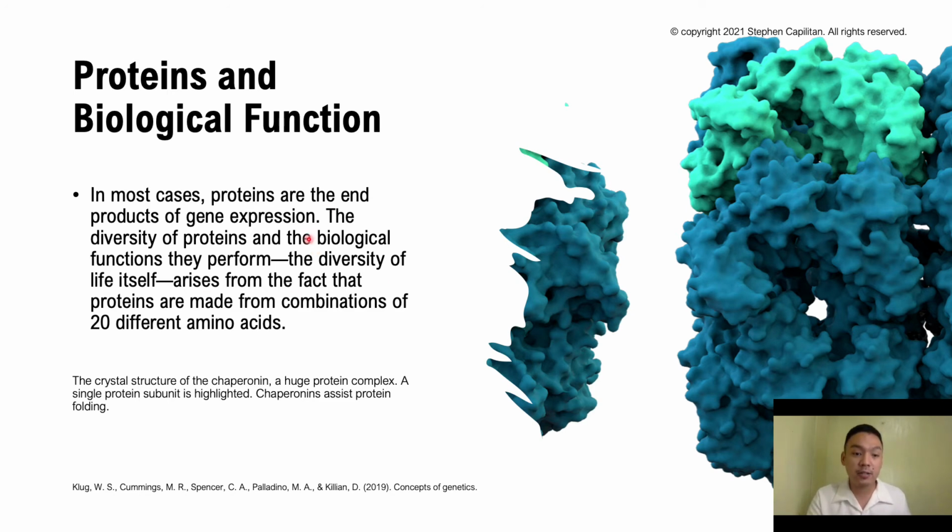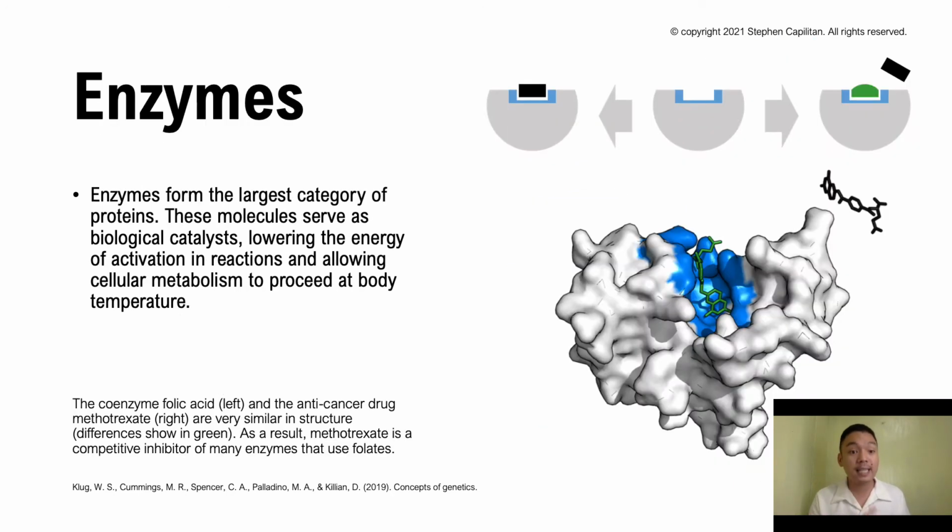So this is a crystal structure of chaperonin, a huge protein complex. A single protein is highlighted, and chaperones assist protein folding. Enzymes are the largest category of proteins, and these molecules serve as biological catalysts. They lower the activation energy in reactions, allowing cellular metabolism to proceed at body temperature.